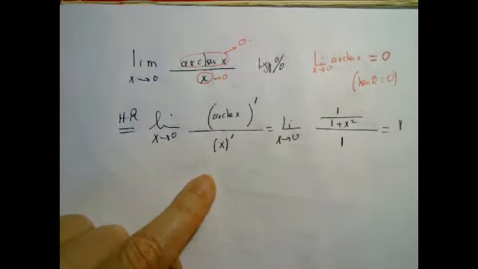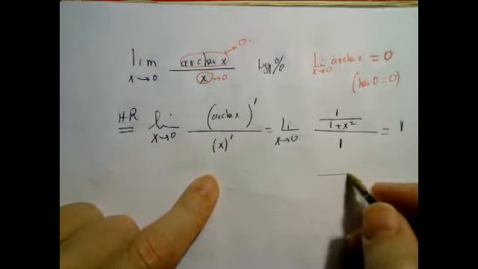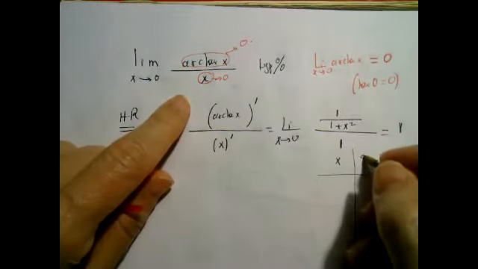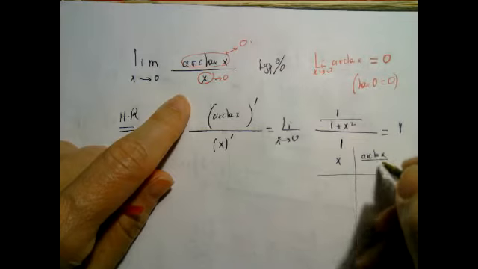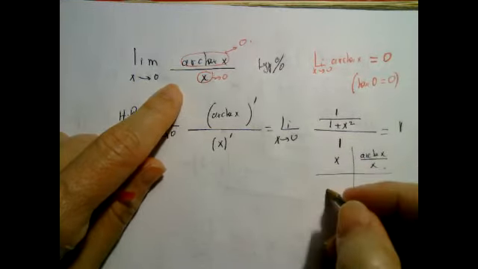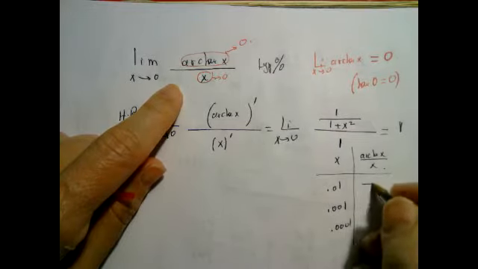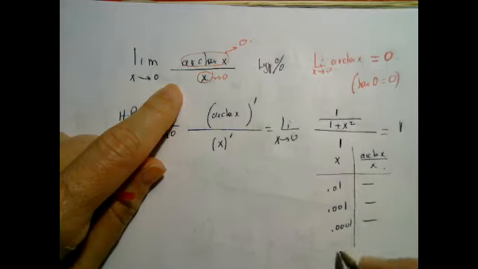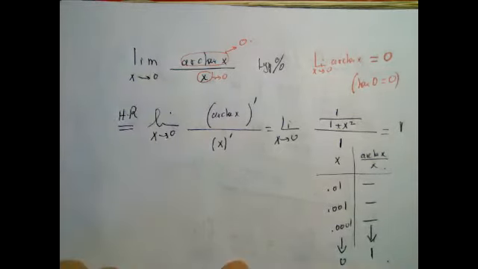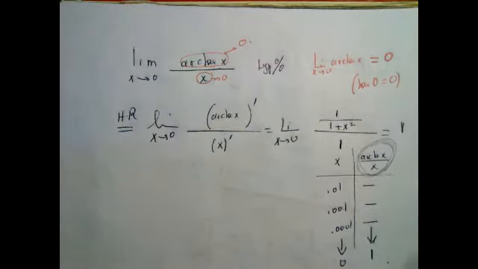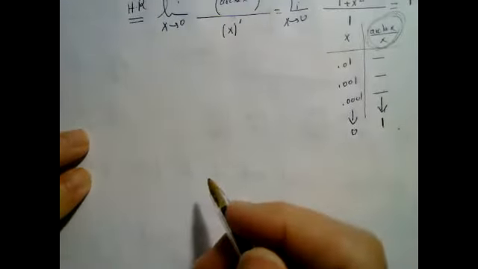That's equal to 1. So if I pick up my calculator, which I'm not going to do, and I take x, and then I take this expression, and I start taking values close to 0, and I evaluate, when those become close to 0, I'm going to get something close to 1. So really what we're finding is what happens to those when x becomes close to 0. Okay. All right.